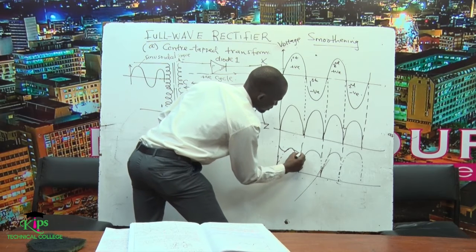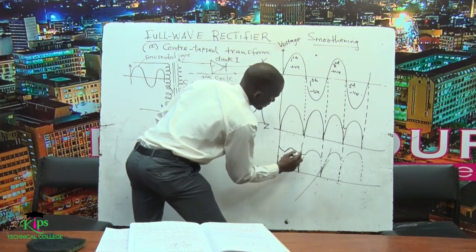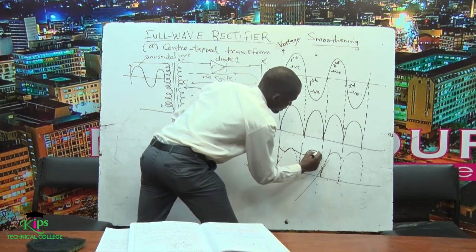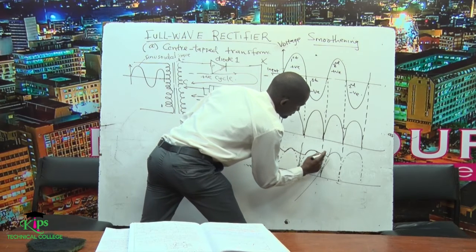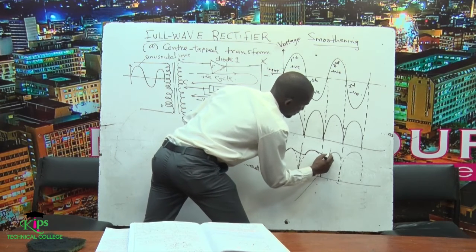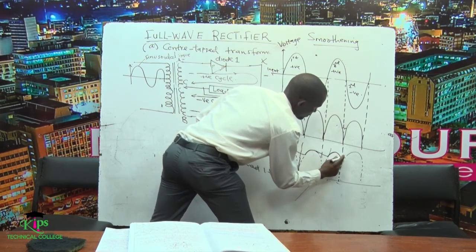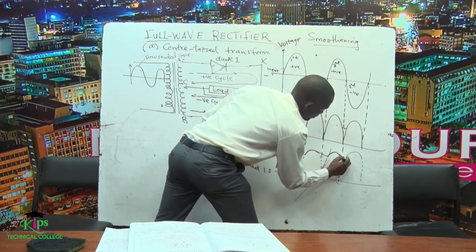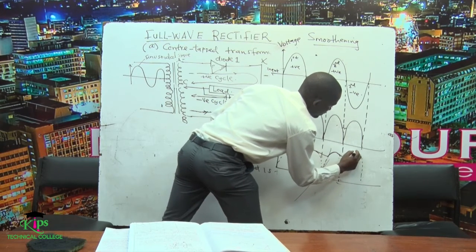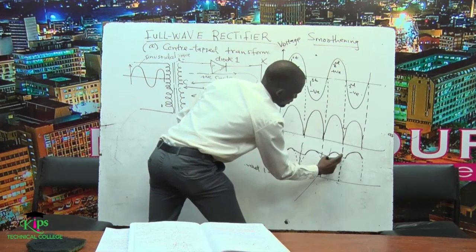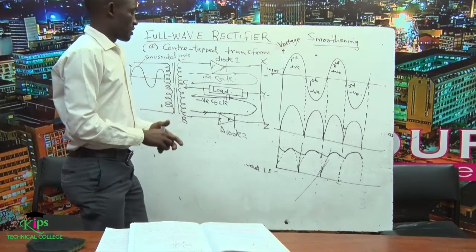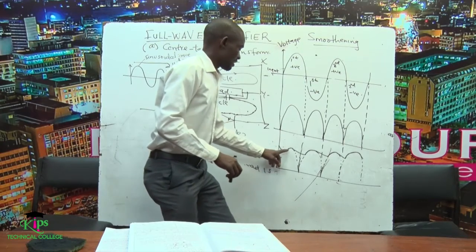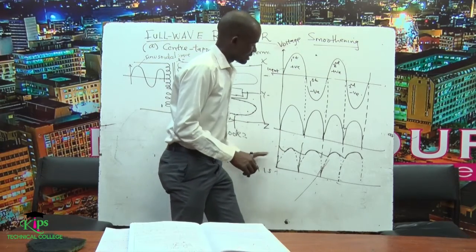Then at this point it goes a bit straight like that. Then it comes in this direction. Then again it goes in such a manner. It goes up. Then this will connect to the other side, like that. So basically the output will take such a shape, almost a straight line.